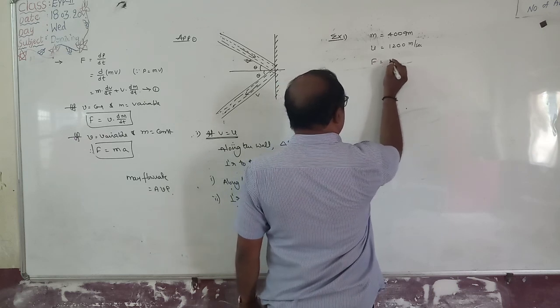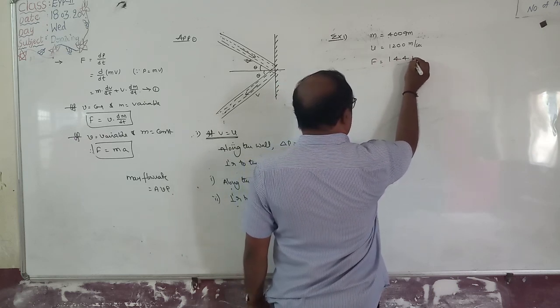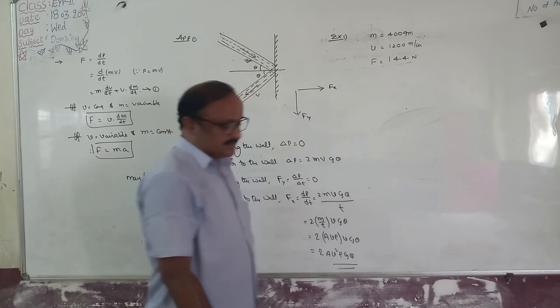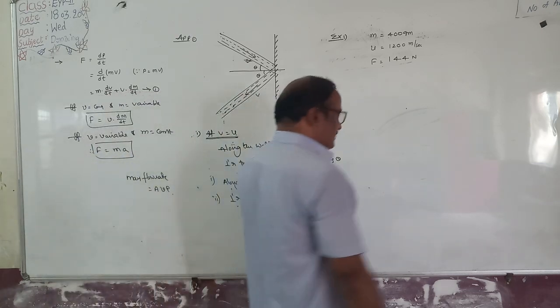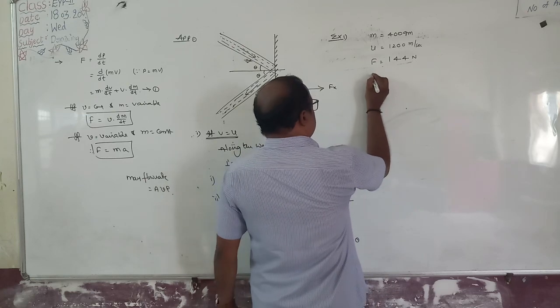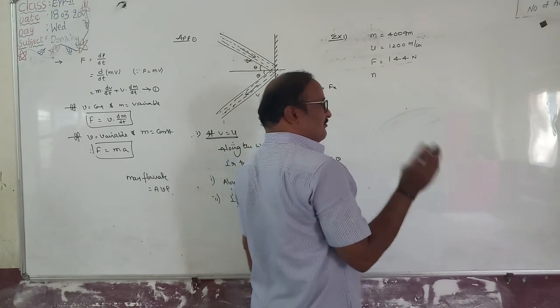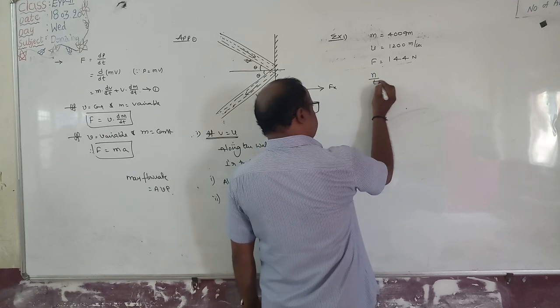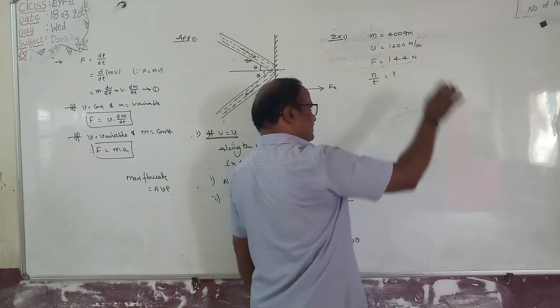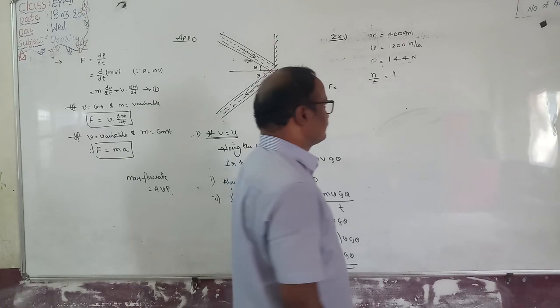Force acting on the gun is 144 newtons. Find the number of bullets ejected per second. Let n bullets be fired from the machine gun in a time of t seconds. Number of bullets ejected per second is n by t.